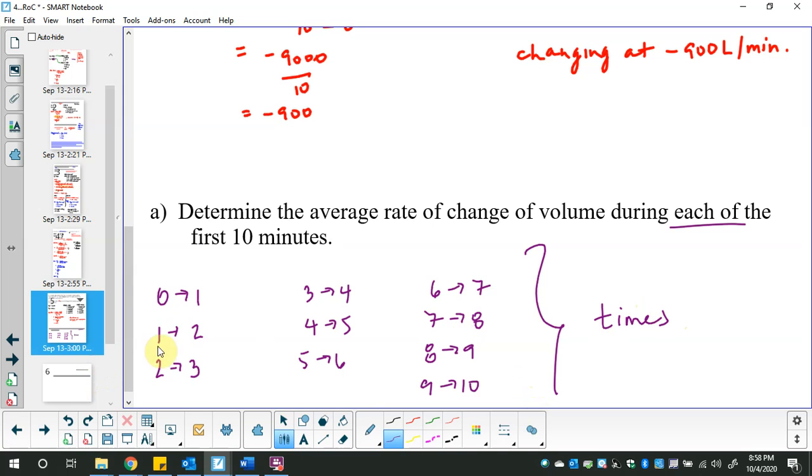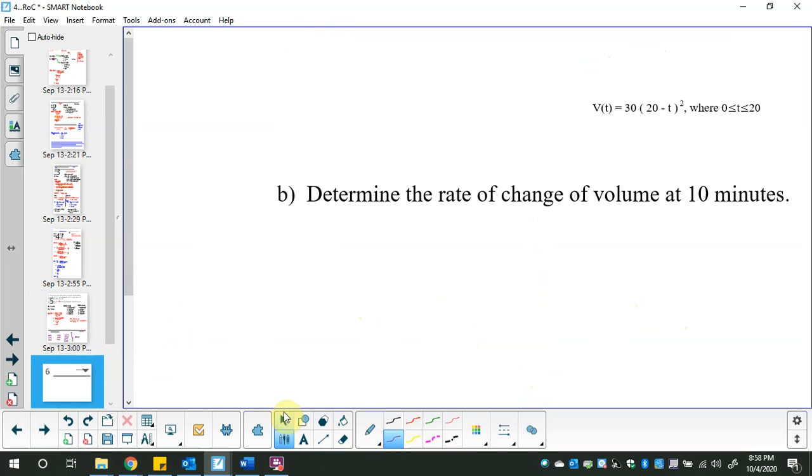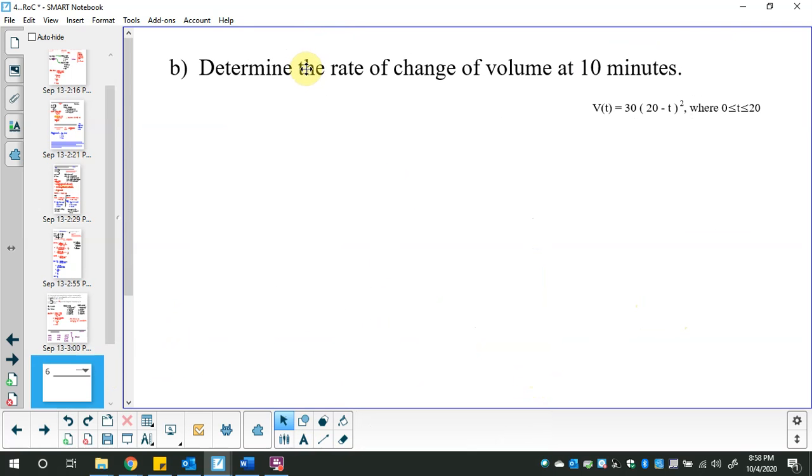Now let's look at the last part of this question, where it's determined the rate of change of volume at specifically the 10-minute mark. So at the 10-minute mark, how fast is this water tank draining? With this question, I've just printed this here so I didn't have to write it down again and keep bopping back and forth.